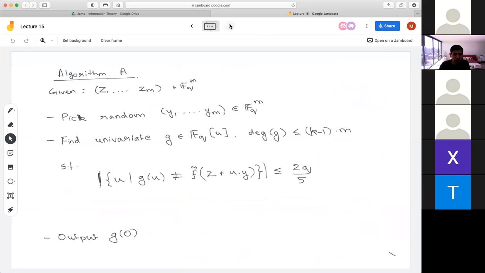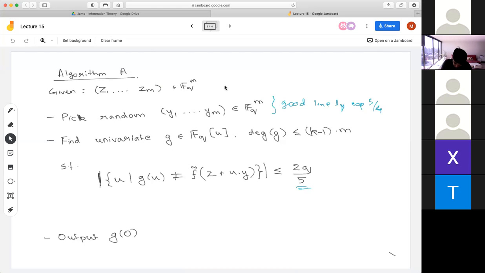Okay. So then here is our algorithm. Given z1 to zm, where we want to find the value of this function f, the value written in f tilde at this point might be corrupted. But what we are going to do is pick a random direction y, and this gives us a good line L y with probability 3/4, and a good line has a small number of errors, at most 2q/5.